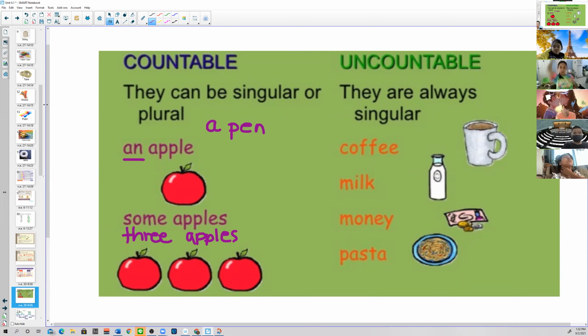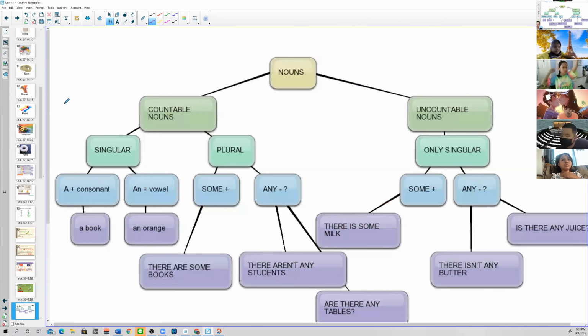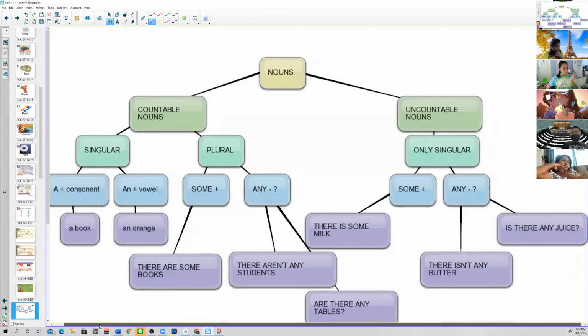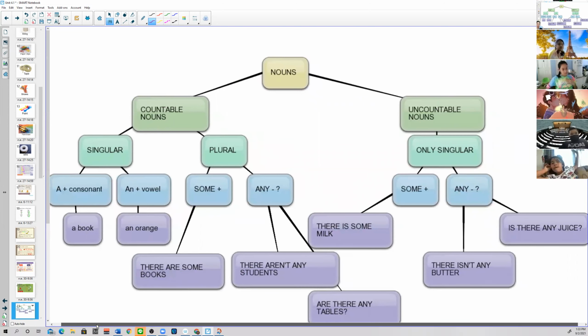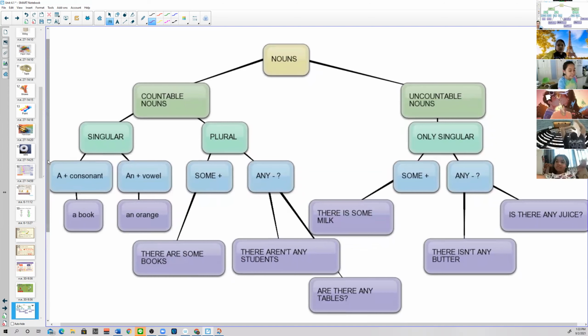All right, for this unit, I'd like you to take out a piece of paper or your notebook, and copy it down. So I think it might come in handy when we take the unit 4 test, or even when we do the exercise.